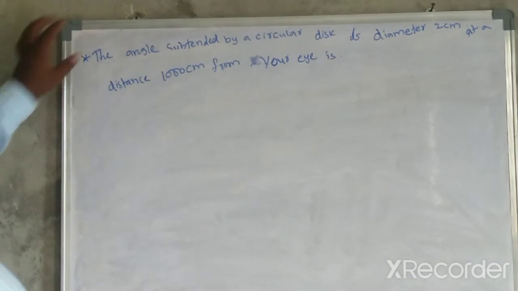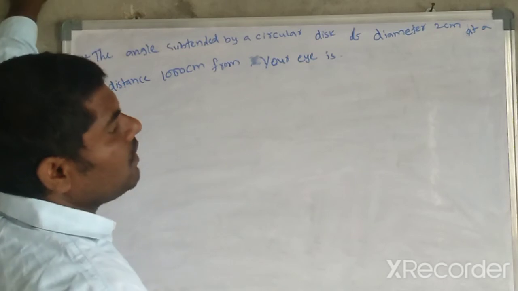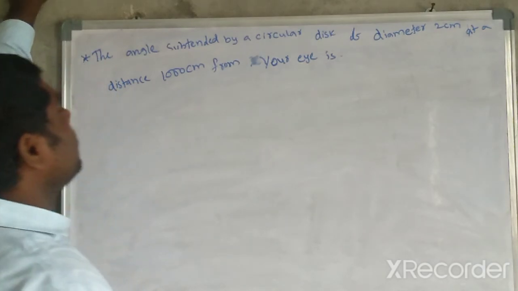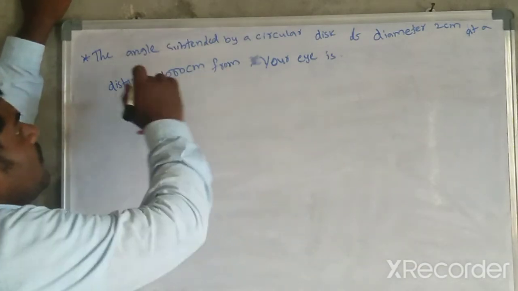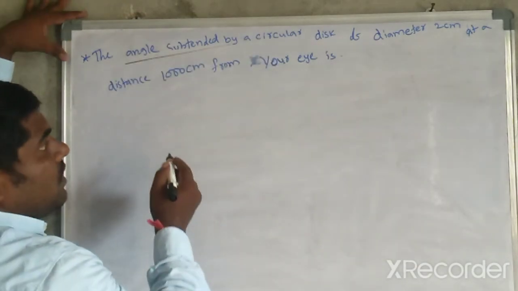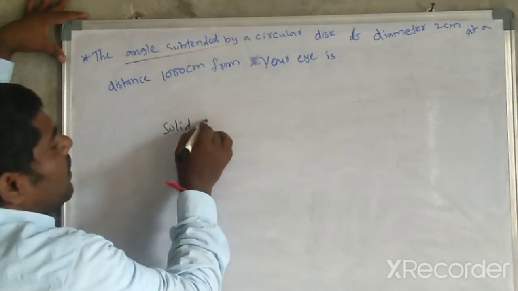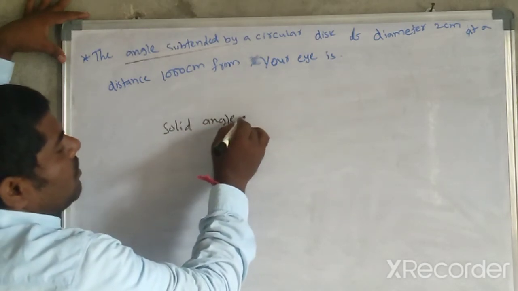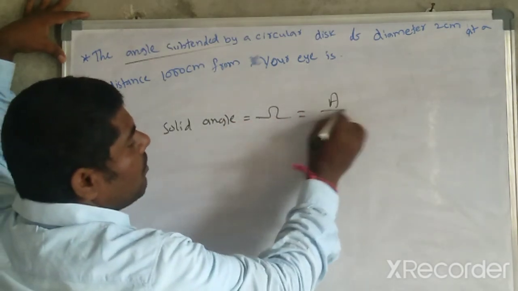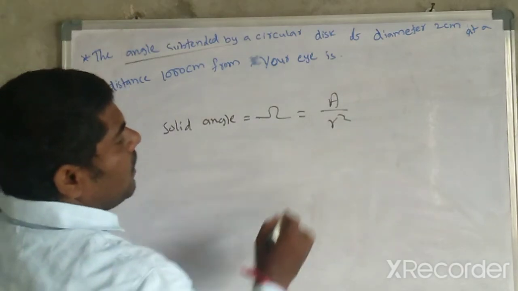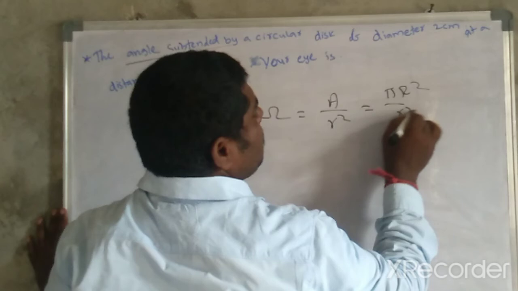The angle subtended by a circular disc of diameter 2 cm at a distance 1000 cm from your eye is, angle subtended is nothing but solid angle, denoted by the letter omega, area by r square. Area is nothing but the disc area, pi r square by r square.